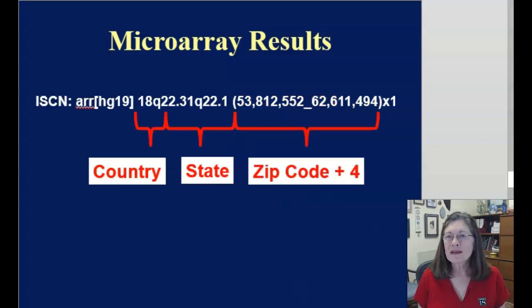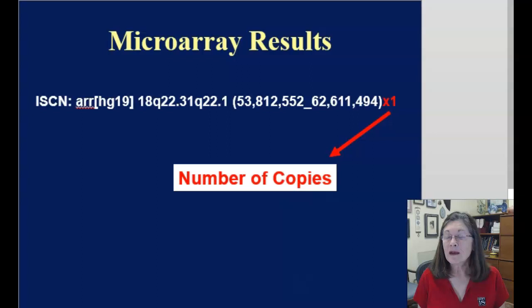And what that really is, you can think about it as sort of the chromosome, the bands, and the molecular location being the country, the state, and the zip code plus 4. So it gets more and more precise as you go across reading this. And the very last thing, the really key part, is the number of copies.